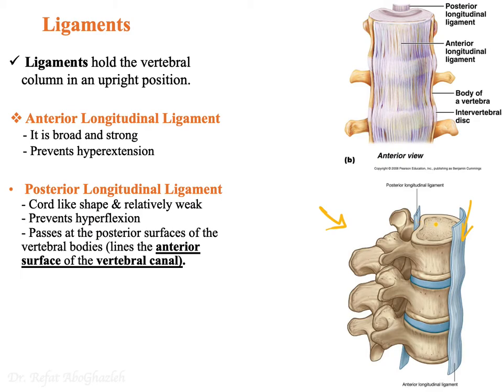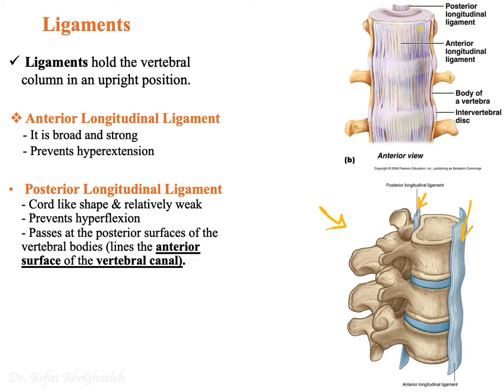On the other hand, directly posterior to the body of the vertebrae, you have another longitudinal ligament, which is not anterior, it's indeed posterior, because it is posterior to the body. So we call it the posterior longitudinal ligament. Yes, it's smaller than the anterior one because it's a cord-like structure.